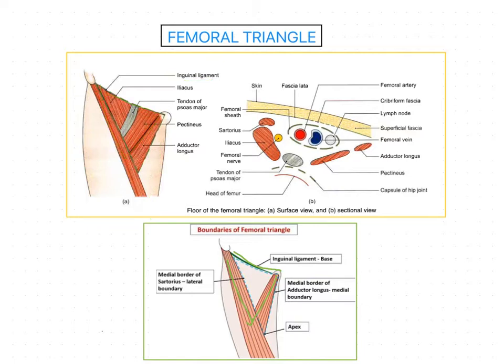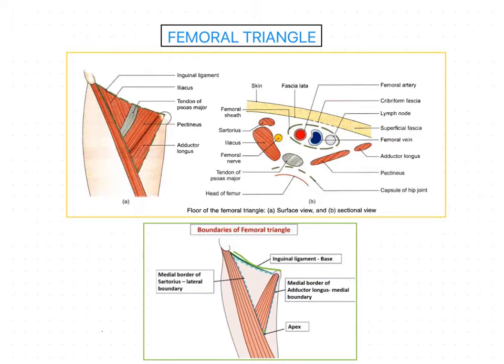This femoral triangle has an apex and a base. The base is present superiorly and the apex is directed downwards, which is continuous with the adductor canal. So very important: the apex will continue with that of the adductor canal.